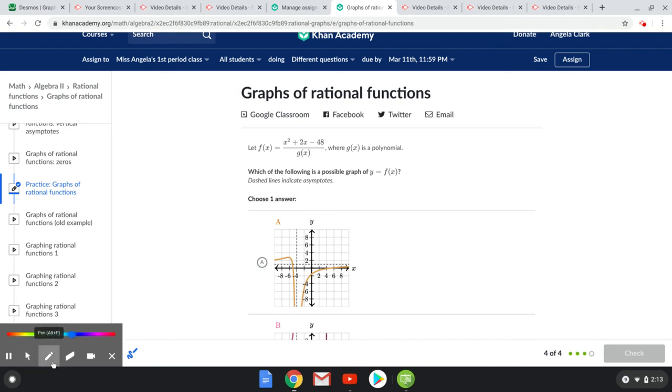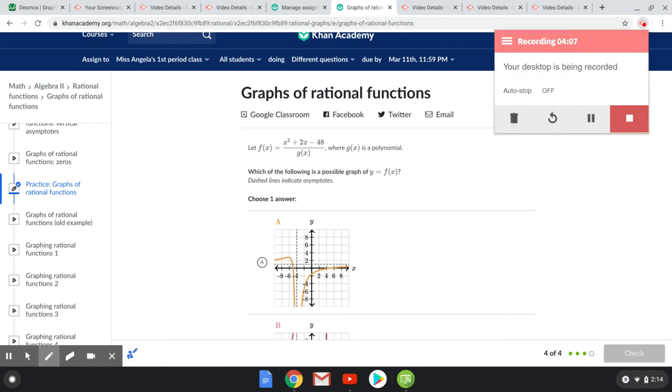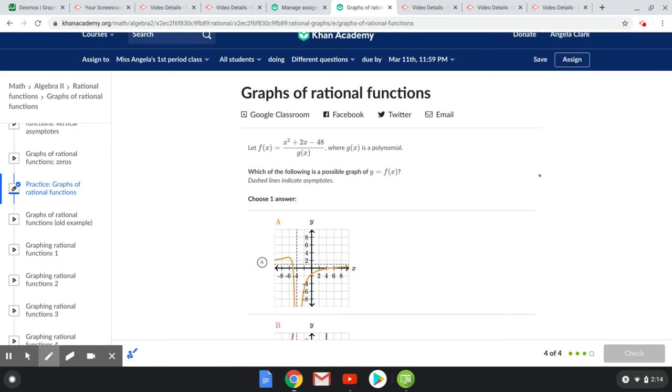So we need to figure out what we get when we factor this. So we're looking for something that multiplies to -48 and adds to +2.